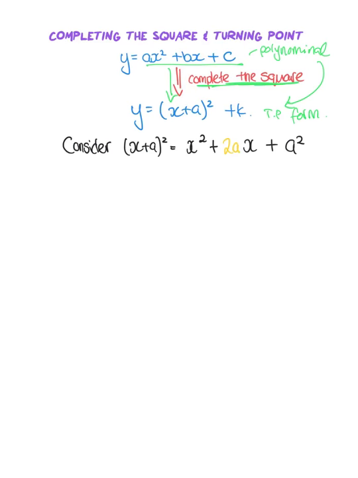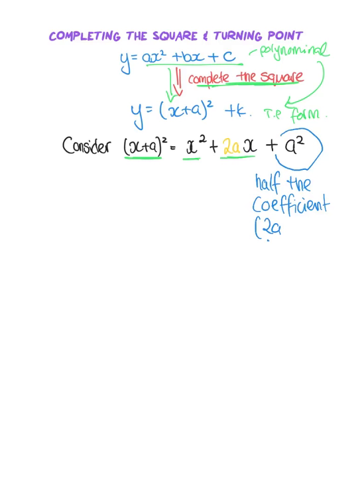If we consider x plus a squared and expand it, the first term gets squared, then we do 2 times the other 2 terms together, plus a squared, the last term squared. So when we're completing the square, this last term is half the coefficient of the 2a.